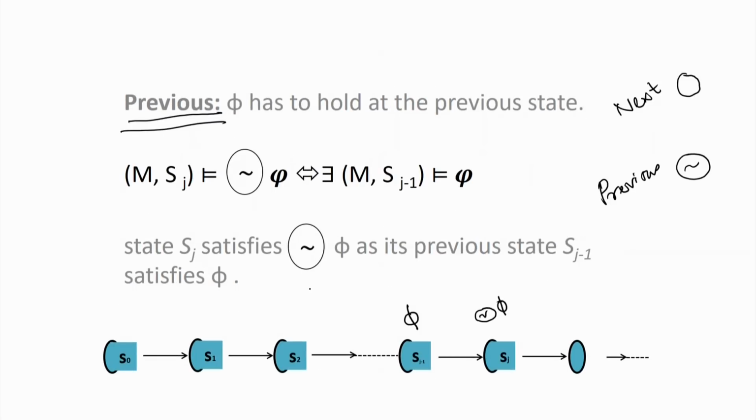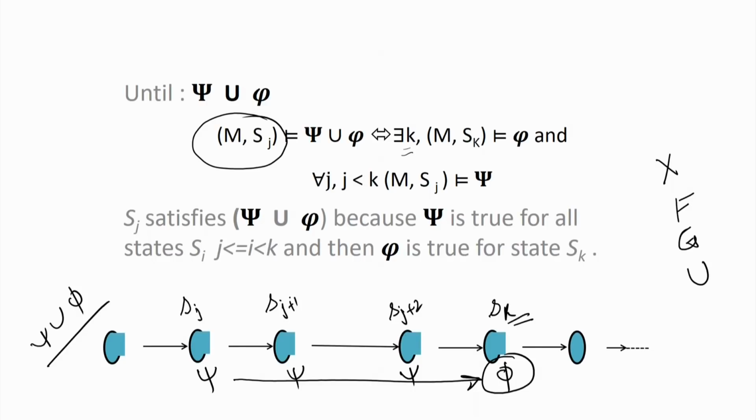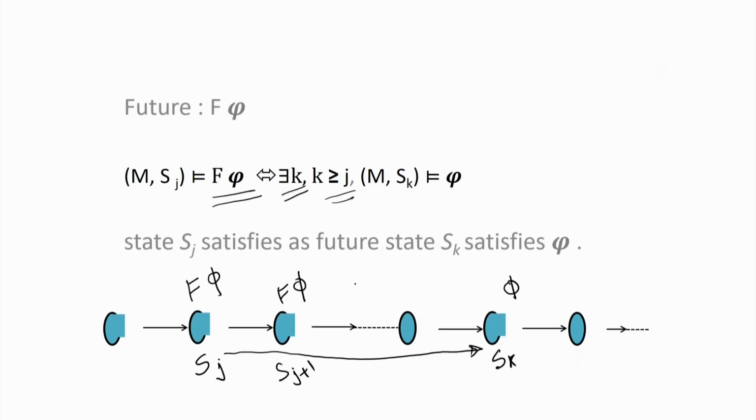So, in case of your past logic or future logic also, you will find that we are going to have that notion, say less than or equal to, here also greater than or equal to k. So, we are talking about greater than or equal to of j.